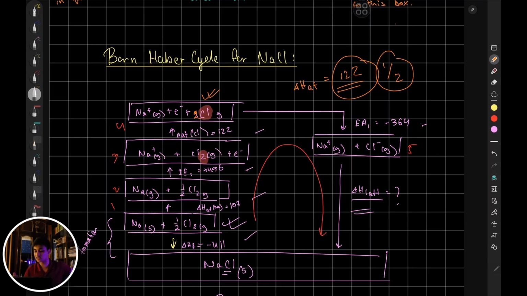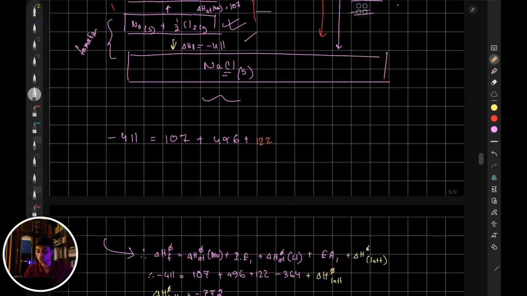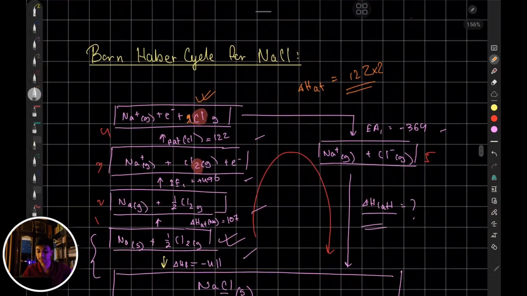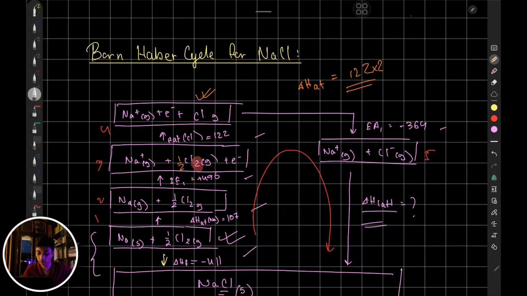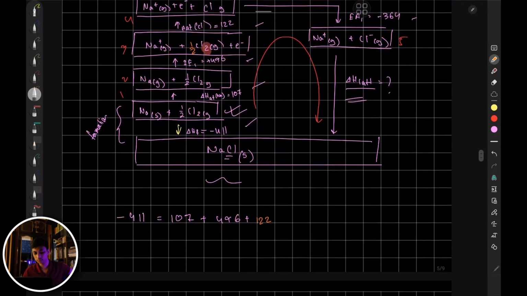And in that case you could multiply 122 with 2 and plug in twice the value of enthalpy change of atomization, since you're now using 2 moles of chlorine atom. But in this case we only need 1 mole of chlorine atom. So therefore we are going to use only 122.